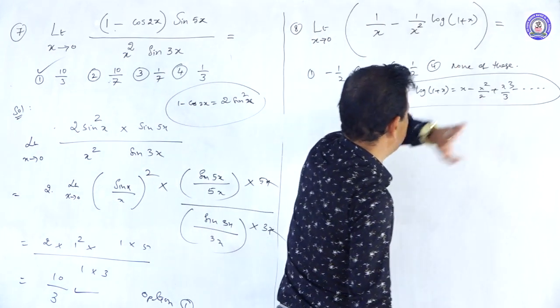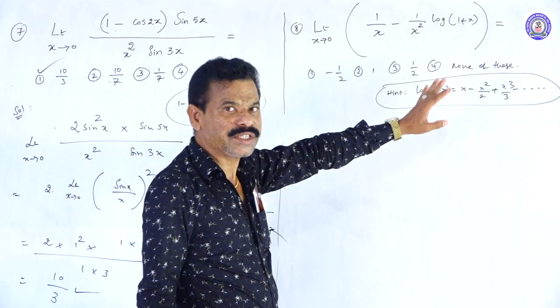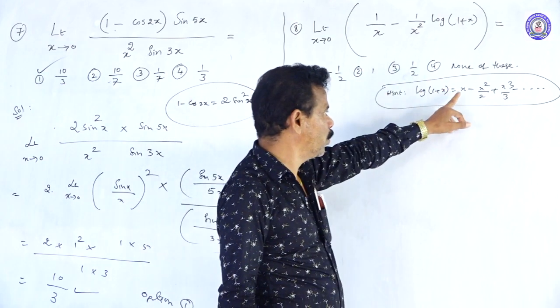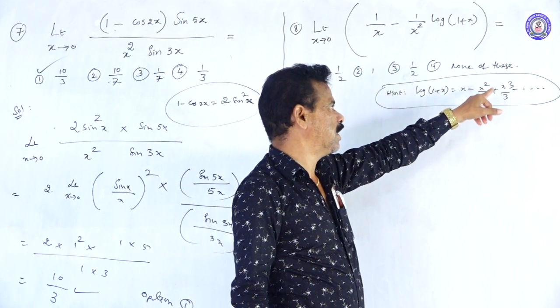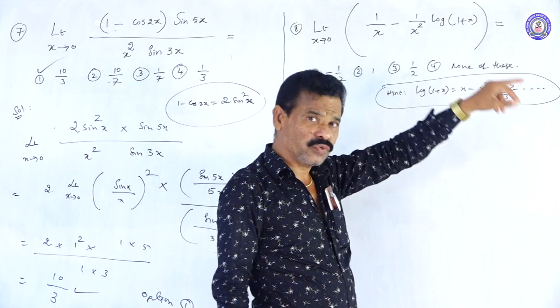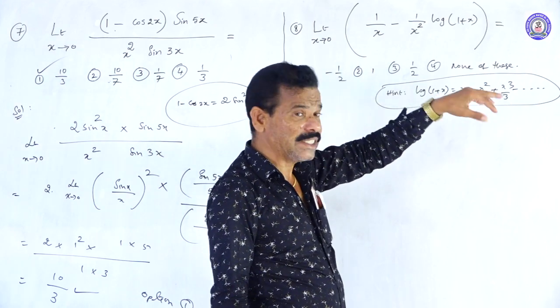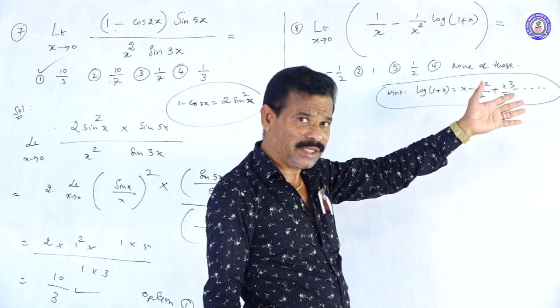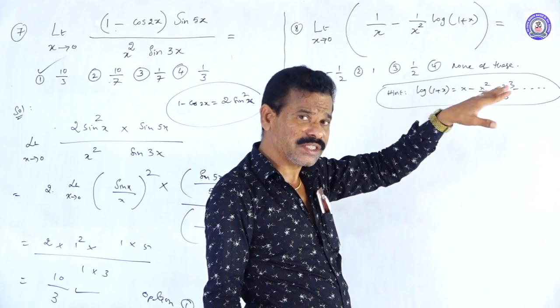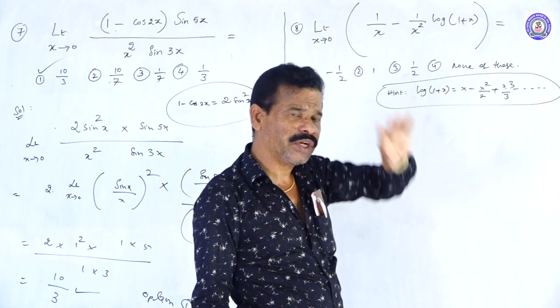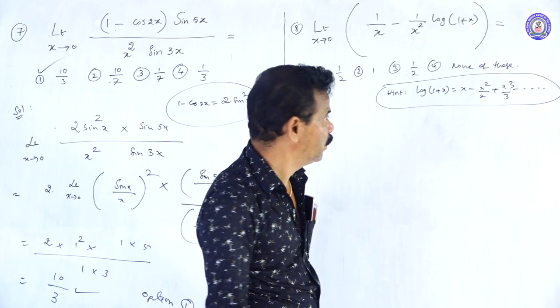Here log 1 plus x, that is the logarithmic series. Log 1 plus x formula we know: x minus x square by 2 plus x cube by 3 minus x4 by 4 plus x5 by 5, next x6 by 6, the series continuing up to infinity.